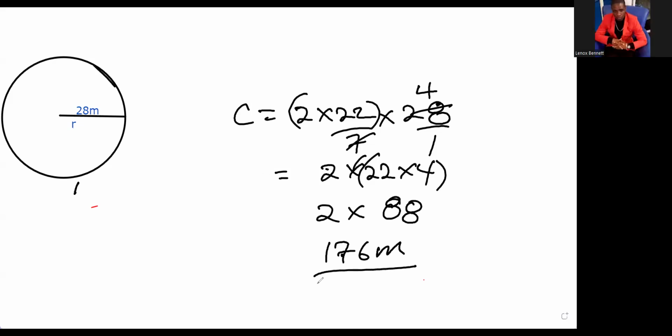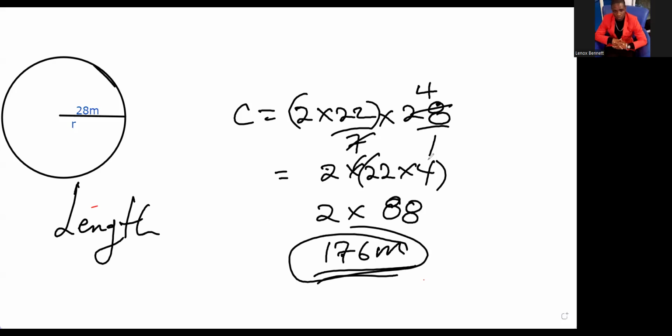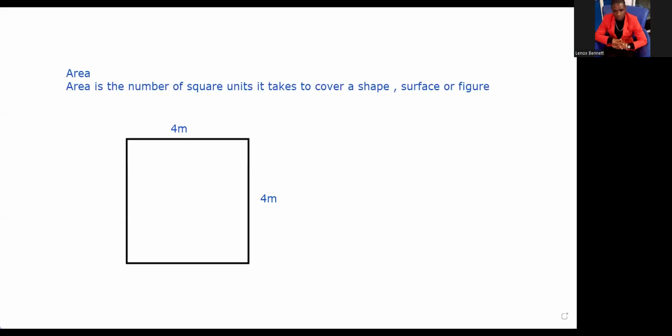The meter, right? Yes, sir. Remember, it's a length, guys. It's the length of the circle, literally. So we can't just say 176. It's 176 meters. It's correct, though. Alright, make a note of it, please. Alright, we're going to use this one as an example, alright?